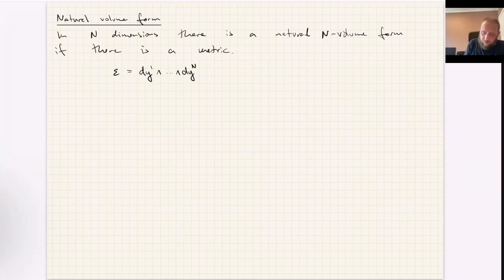But this thing here is not necessarily equal to, if I change my coordinates to dy prime 1 prime, it's not necessarily the same as this, right? We'll take an example later. So in general, this is not the case.